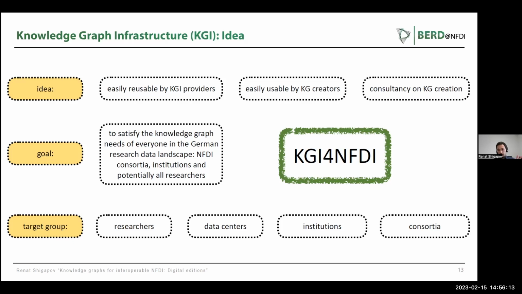And thirdly, for that, we want to have a consultancy on NFDI level on knowledge graph creation. So far, this kind of consultancy was in the working group knowledge graphs, but it would be nice to make it better via existing base service initiatives. So our goal in this knowledge graph infrastructure proposal is to satisfy the knowledge graph needs of everyone in the German research data landscape. I mean, NFDI consortia, institutions, universities, and potentially all researchers.